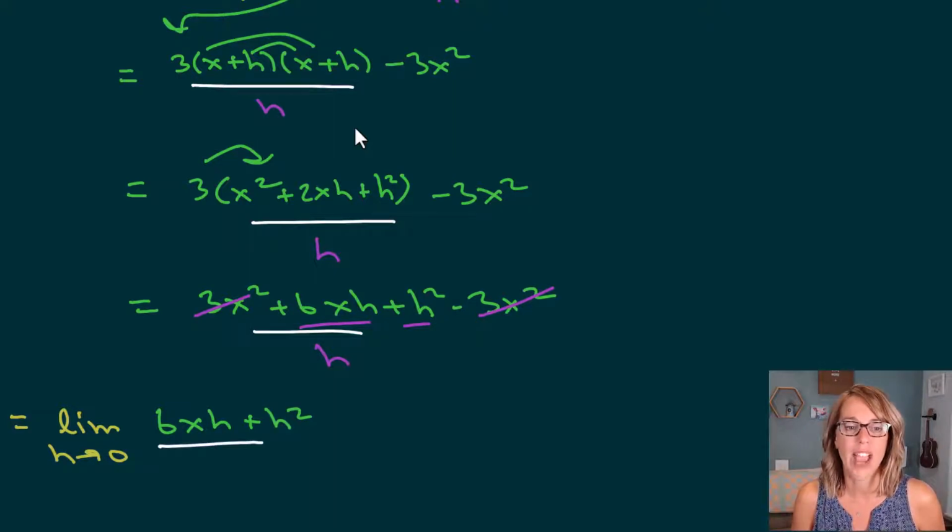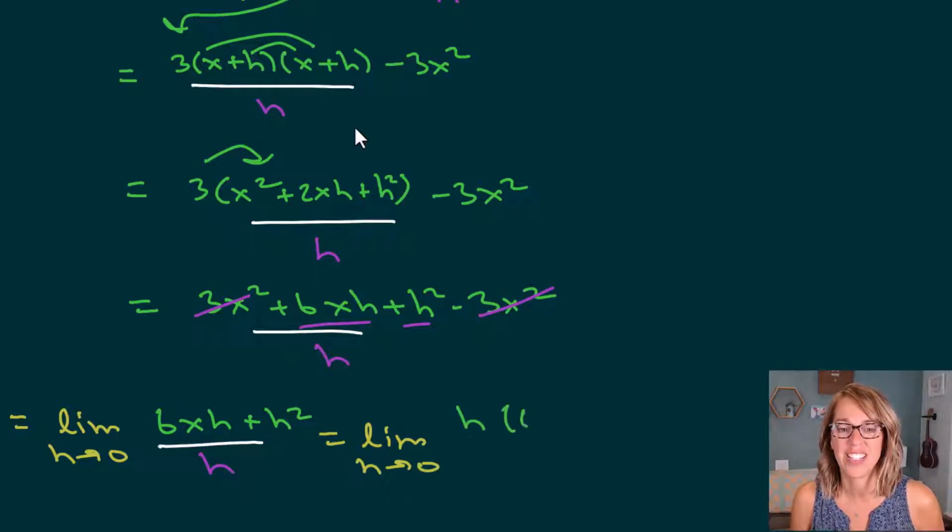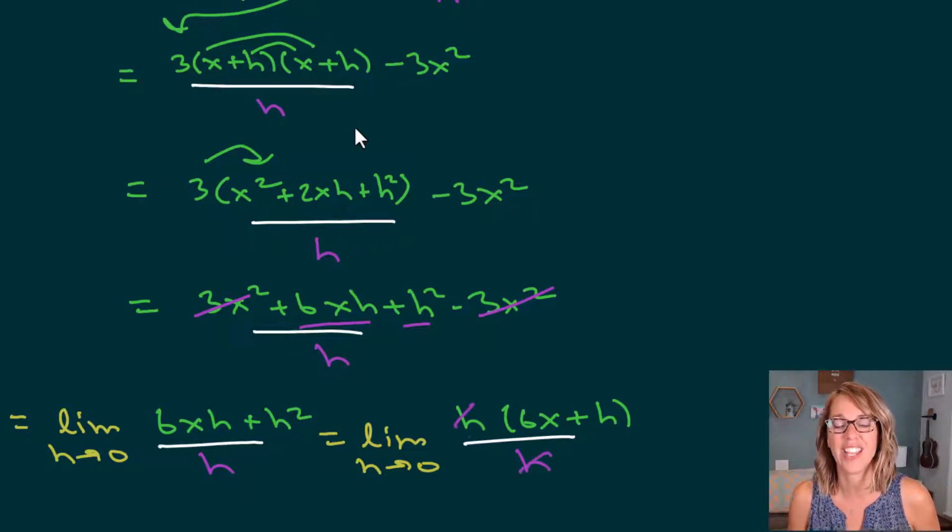Now I can go ahead and factor out an h in that numerator. So that gives me the limit as h approaches 0. I can factor the h out, and I get h times (6x plus 3h), still divided by h just for a second here, but I can cancel those h's now, and I'm left with 6x plus 3h.